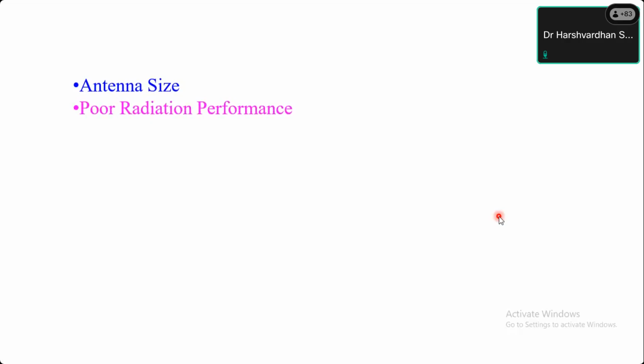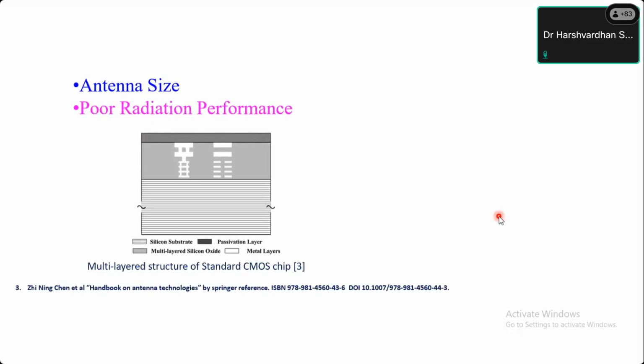That is not only due to the size of the antenna, but because of its substrate limitation. Mostly the IC firms, when fabricating their ICs, use a silicon substrate because of its abundant availability and low cost. Right now, the silicon substrate is very suitable for the other IC components. The temperature coefficient, everything is well suited for IC manufacturing.